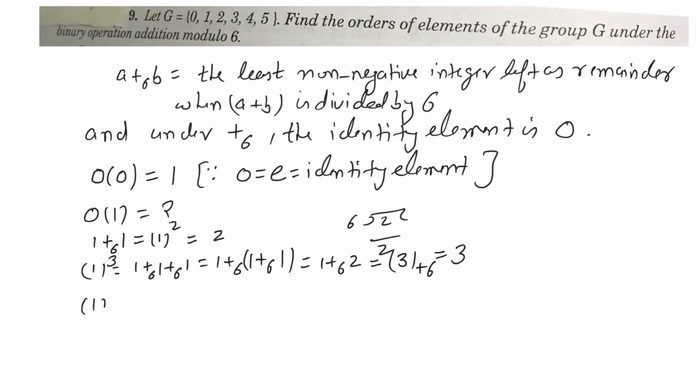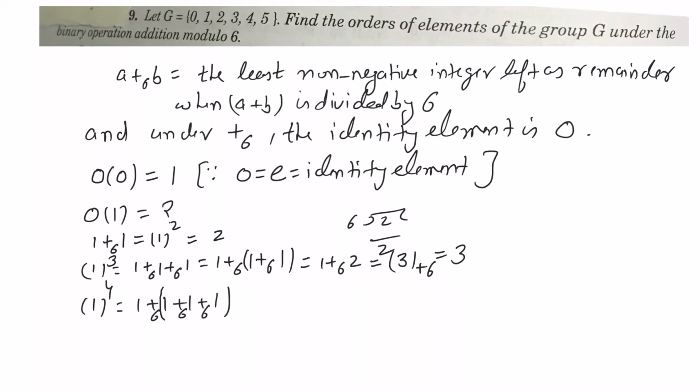Similarly 1 to the power 4, I am going to write 1 plus 1 plus 1 plus 1 under addition modulo 6, so I have to use the result for 3.